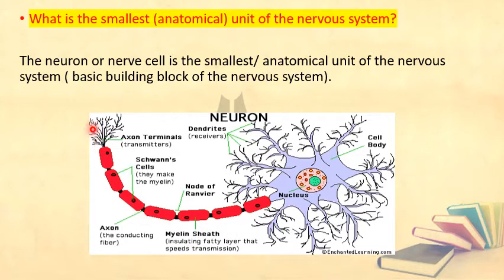All of this is the axon. At the end of the axon, we have a region called axon terminals, and it includes the fingers. These ones, like the fingers, are called terminal buds, and inside them we have something called synaptic vesicles.